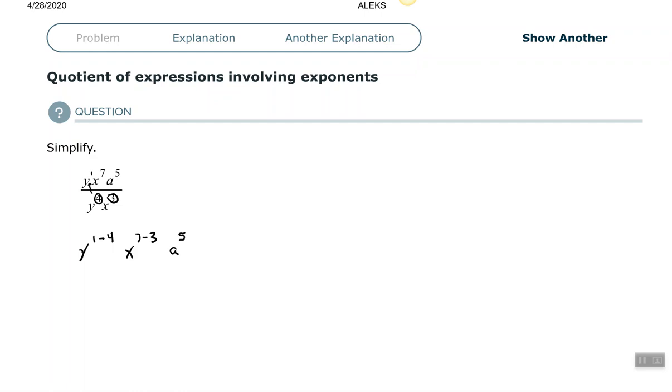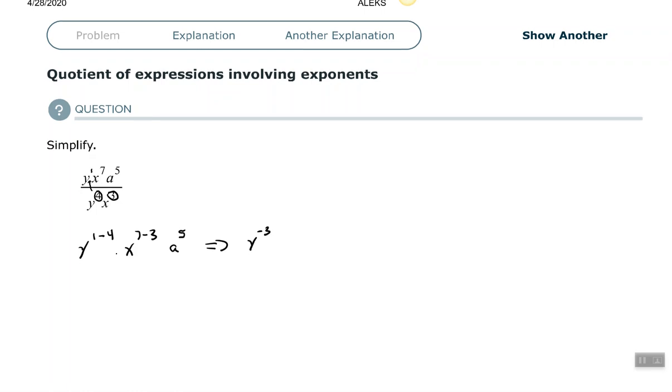So now we just want to simplify this. So 1 minus 4 is negative 3, and then 7 minus 3 is 4.